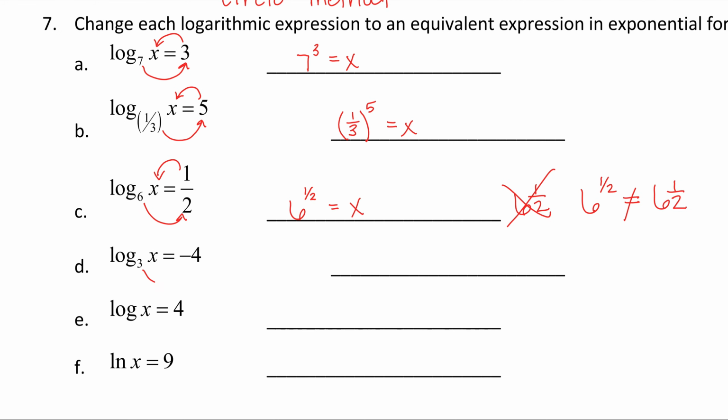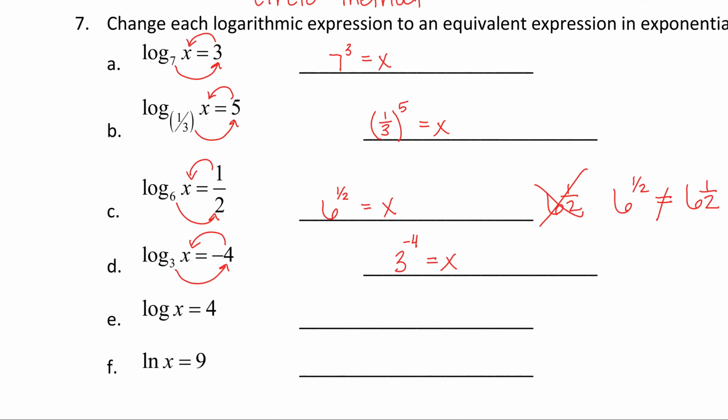Okay, so 3 raised to the power of -4 equals x. This one, we are missing our log base. And remember, like we said before, if there is no base there, it's an understood 10.